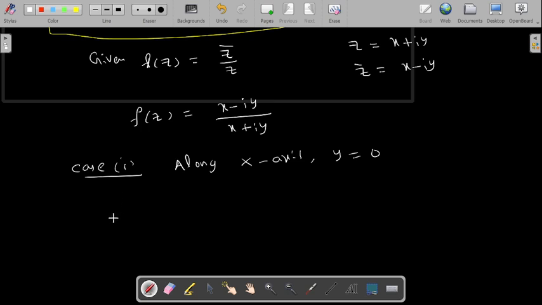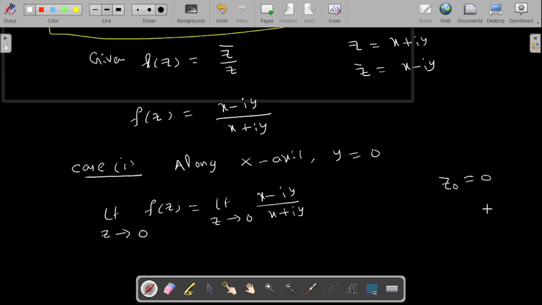So now we are checking limit z tends to 0. So here z naught is 0. Limit z tends to 0, f of z equal to limit z tends to 0 of x minus iy by x plus iy. So z tends to 0 is nothing but x plus iy tends to 0.